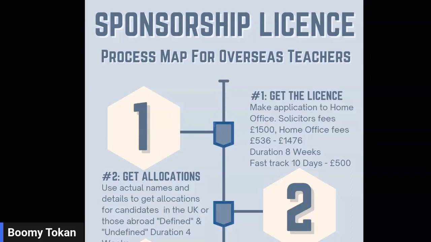All right, so let's circle back for a moment. Now, if you are a trust, meaning a group of schools together, you only pay for one single sponsorship license. That's just an overall license. We're going to talk about the certificate of sponsorship in a moment, but just focus on getting the license because you need that license before you can do anything else.